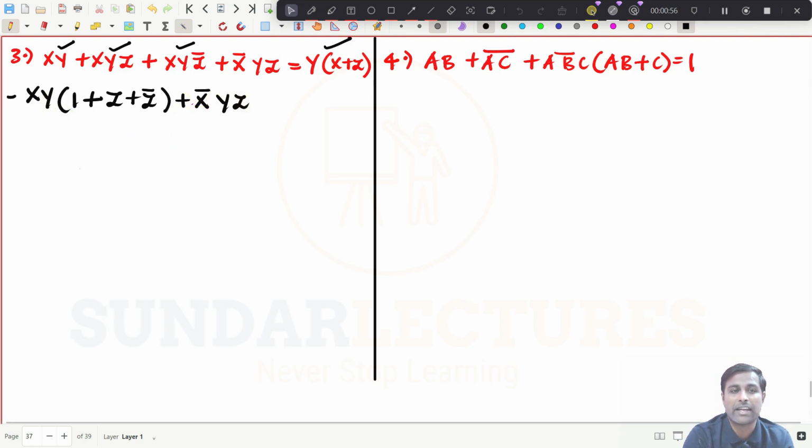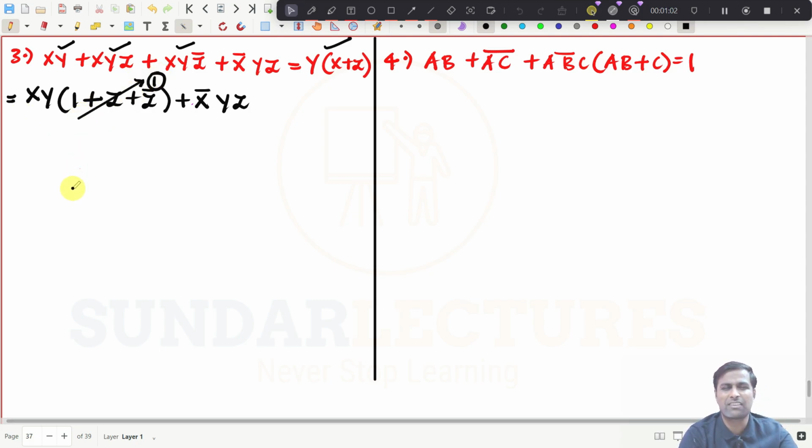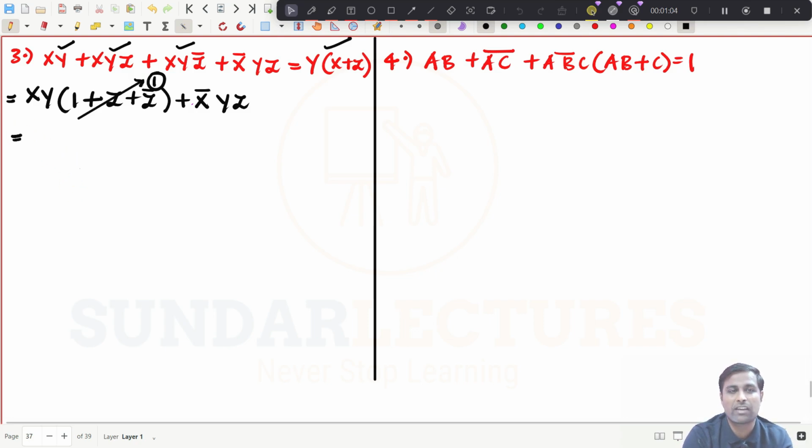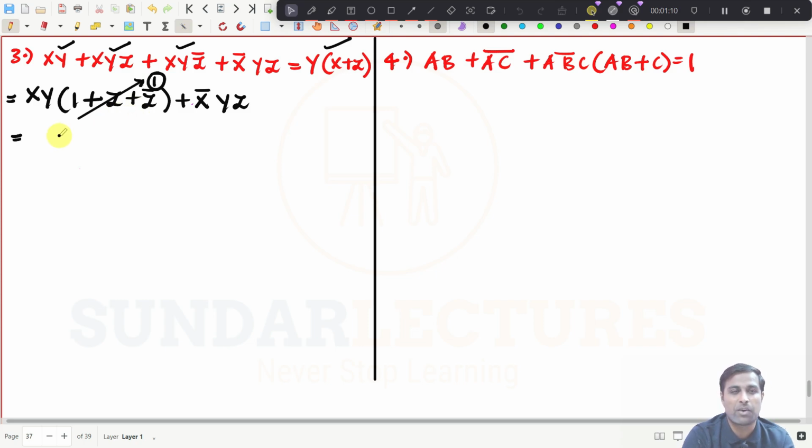That is the idea. So this one straight away becomes 1, since 1 plus anything will give you 1. Even 1 plus z bar becomes a tautology anyhow. So this is xy plus x bar y z.